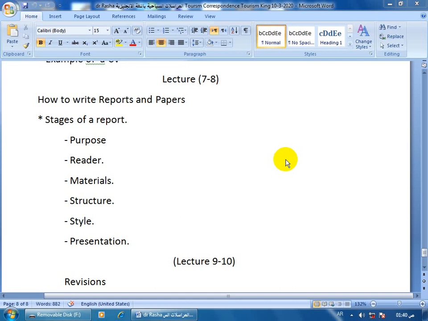When you write a report, you have to go through 6 stages: purpose, reader, materials, structure, style, presentation. In the past, in lecture 7, we talked about defining the purpose, the reader: what does the reader know, what are the reader's attitudes, what does the reader really want.